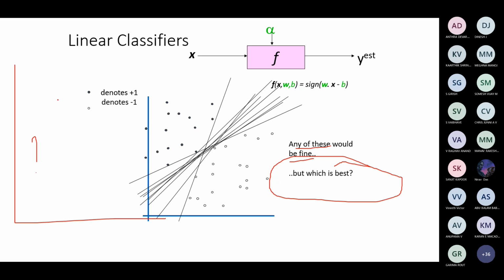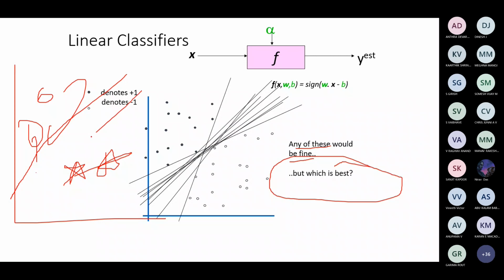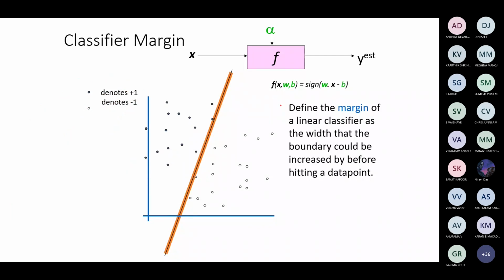We have some classes. We can draw one classification line, or another classification line like this, but which is the best classification line? So how do we denote this? We will use a margin as the width of the boundary before hitting a data point.